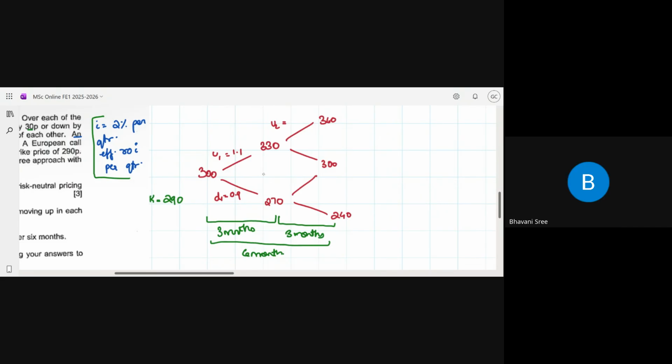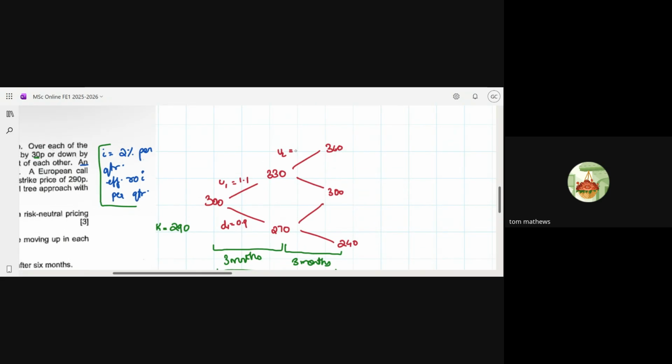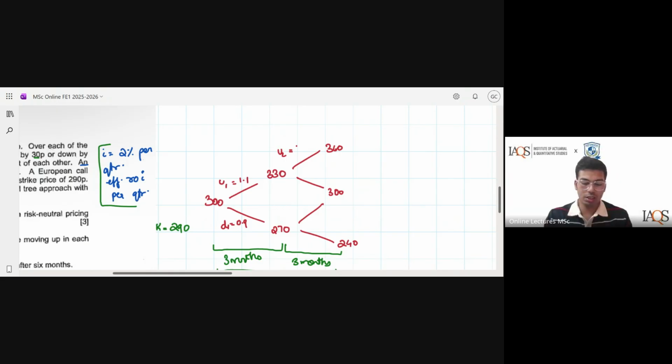Yes, sir. It's 1.1 squared, no? It comes from 1.1 into 300 into 1.1 into 1.1, like that. What is U2? 360 by 330 is? You count it out. 300 into 1.1 is the whole squared. Let me divide 360 by 330. It's actually 1.0909. 300 by 330 is not 0.9.